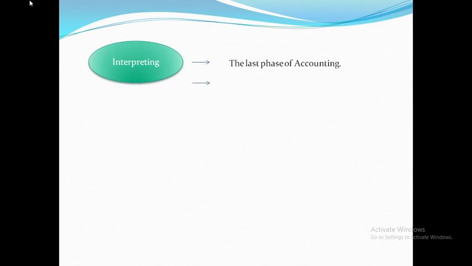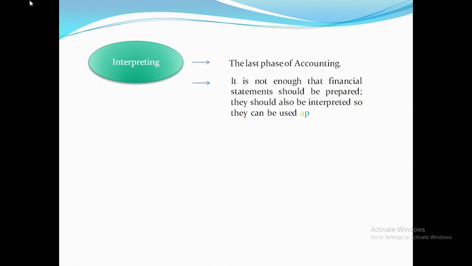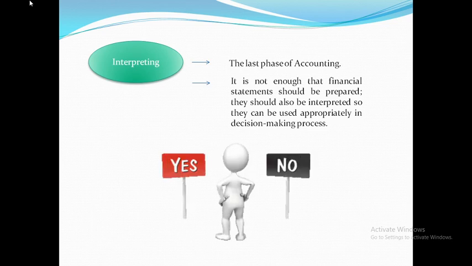Okay? It is not really enough that financial statements are prepared. They should also be interpreted so that they can be used appropriately in the decision-making process, in order for a company to decide properly what to do for the business. Like for instance, our school again. During the first pandemic months, it was really hard for our school to decide what to do.